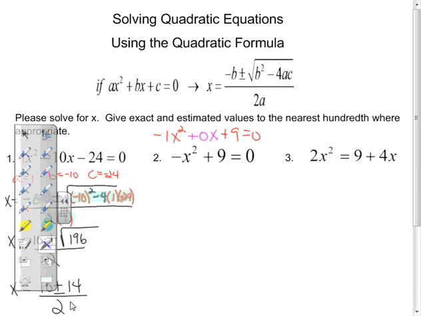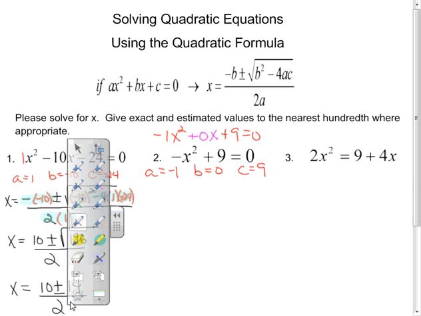Okay? So, just a quick chart of a equals negative 1, b equals 0, and c equals 9. And then from there, I'll use my quadratic formula.